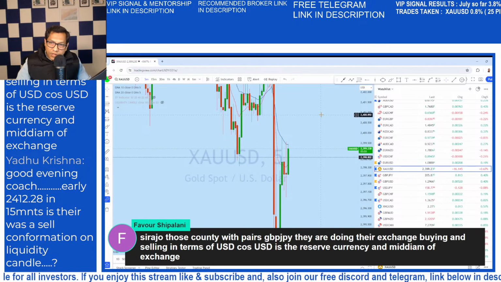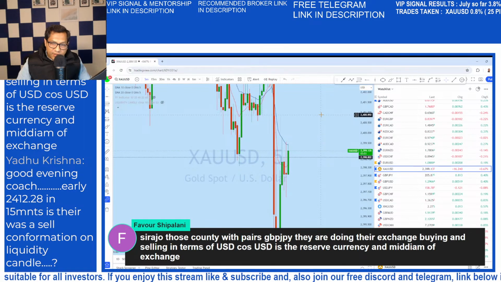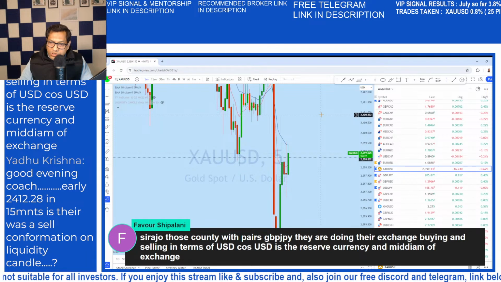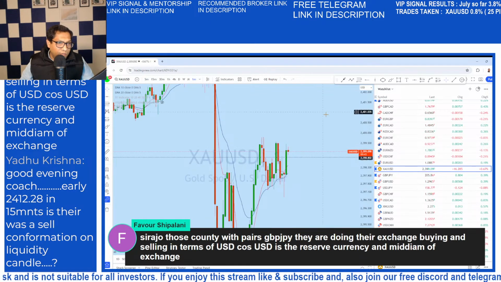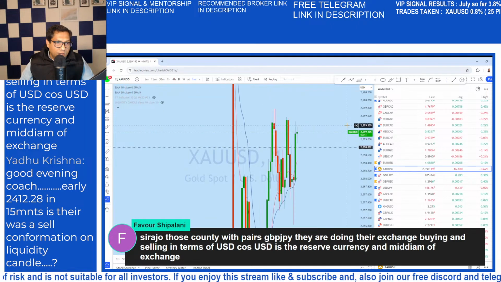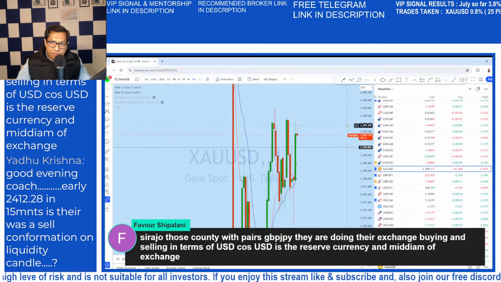the volume in the market, how does the volume affect? You see that during the high impact news, as soon as the news is published, there is a huge spread widening. Why does this happen? Because of the low volume, right?